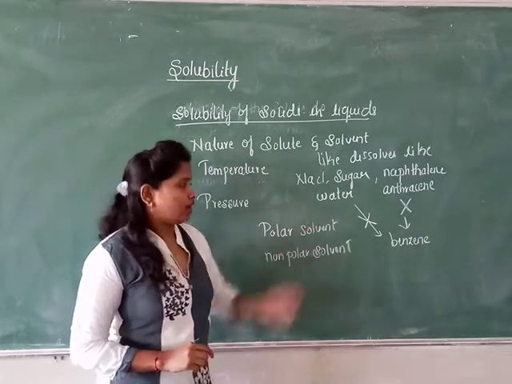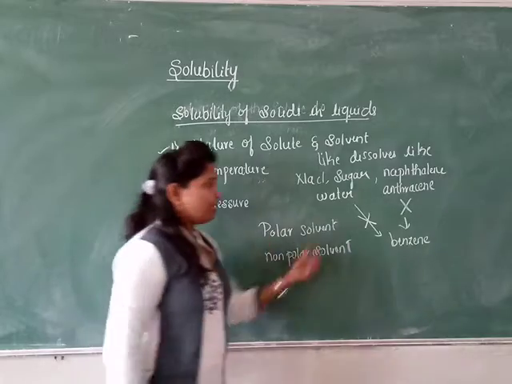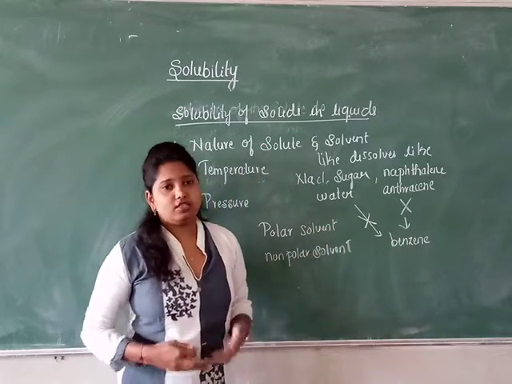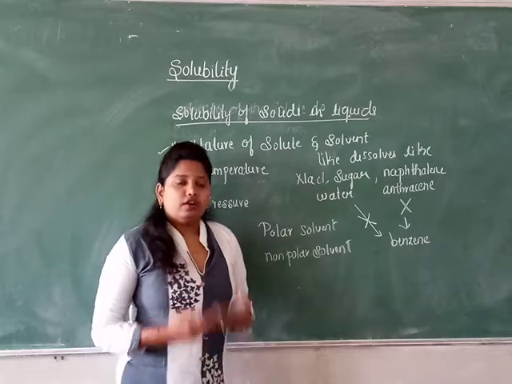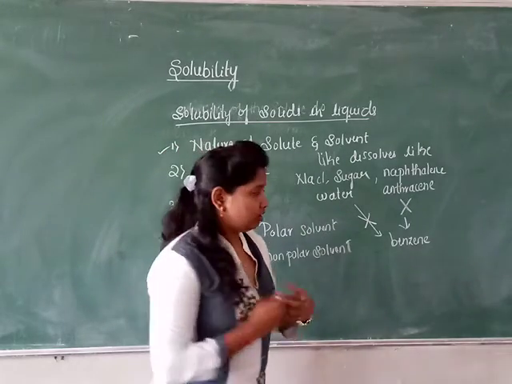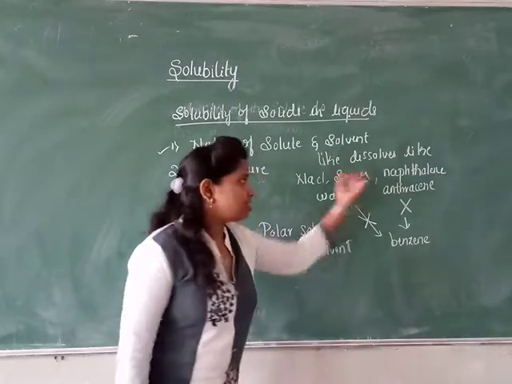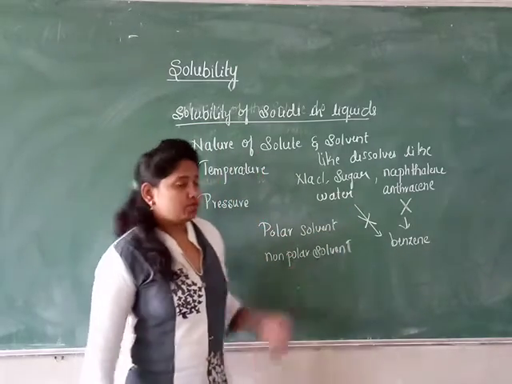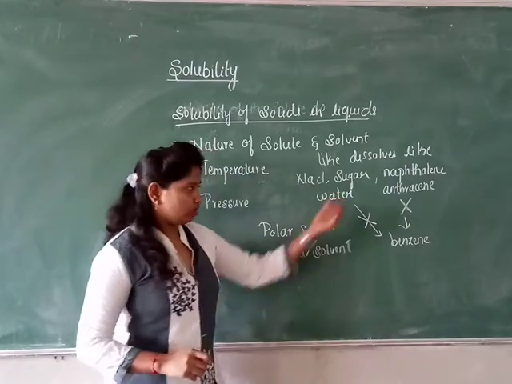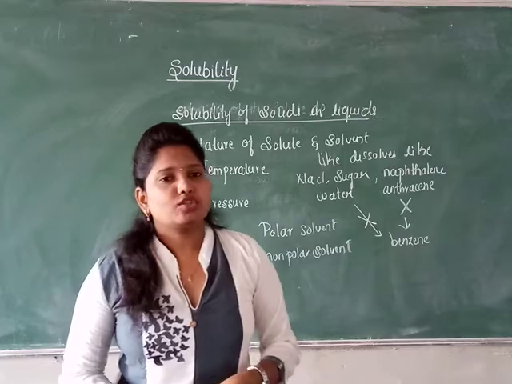Sodium chloride and sugar readily dissolve in water, but they do not dissolve in benzene and toluene, which are non-polar solvents. Naphthalene and anthracene dissolve in benzene and toluene, but not in water, because they are organic compounds, non-polar solutes.